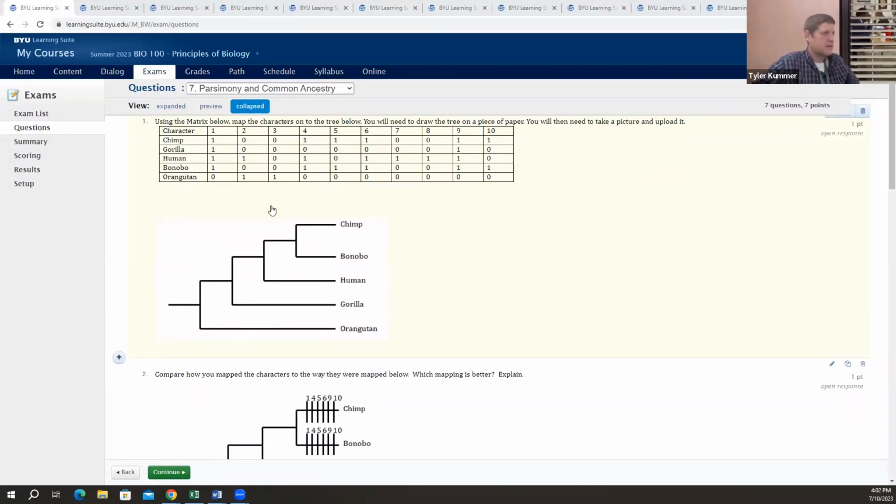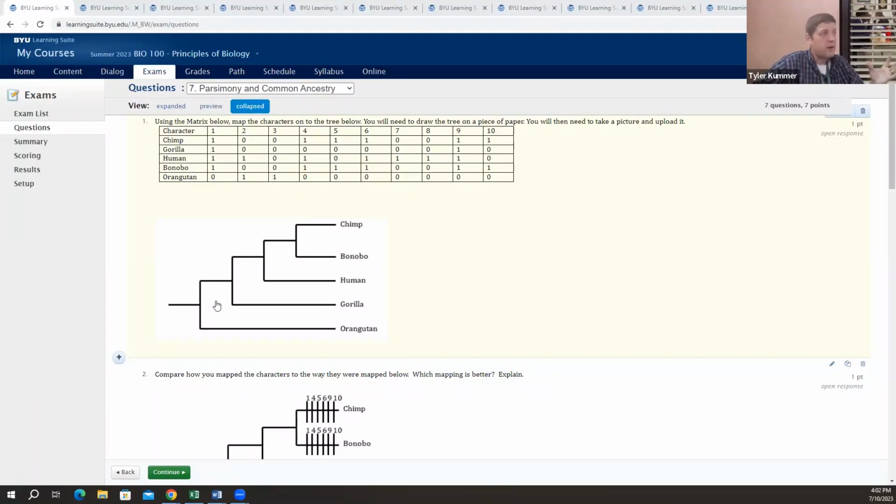Whereas trait 4 would have evolved here and been passed on to humans, bonobos, and chimps because they all have it, but not before, where gorillas would have inherited. So that's the idea of why we put the traits in the particular part of the tree that we put them.